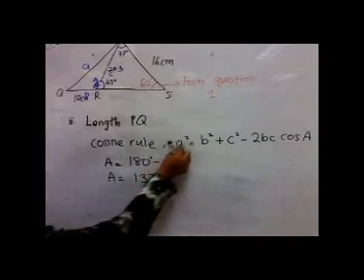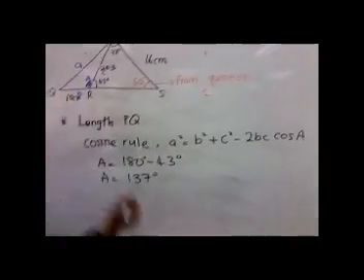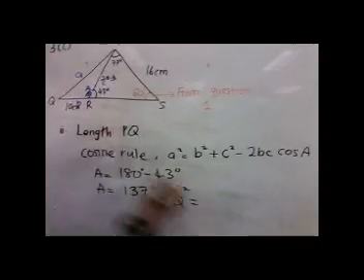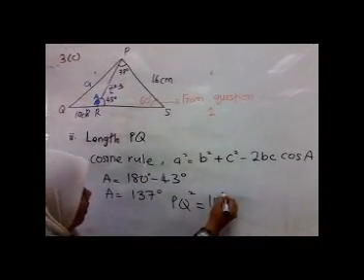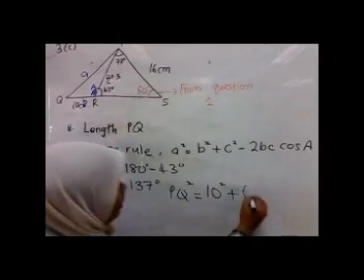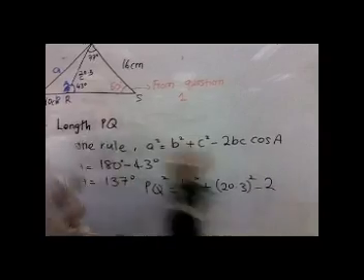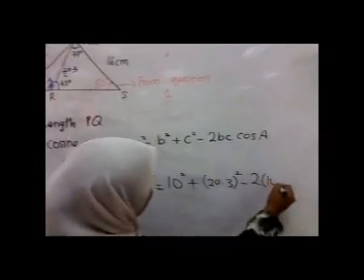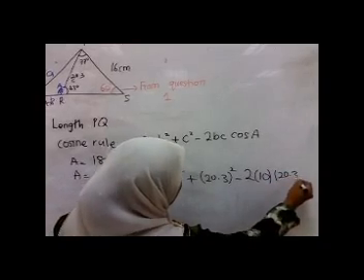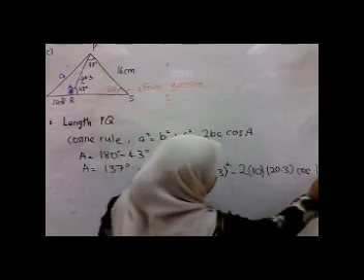So just substitute. A square we symbolize as PQ. So PQ square equals to B, so B is 10 to the power of 2 plus C, C is 20.3 square minus 2. Our B is 10. Our C is 20.3 cosine and our A is 137 degrees.